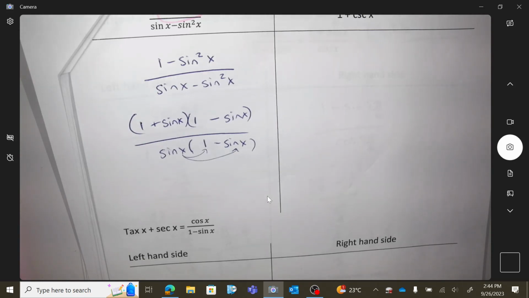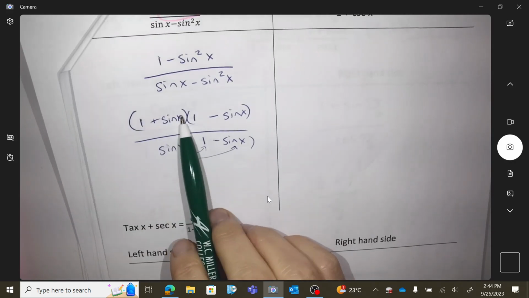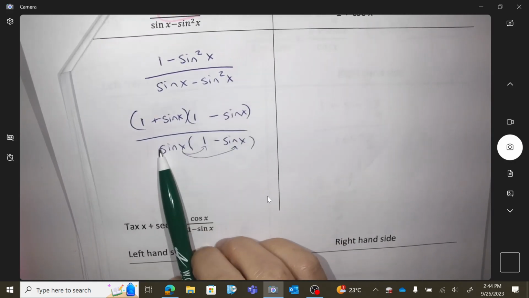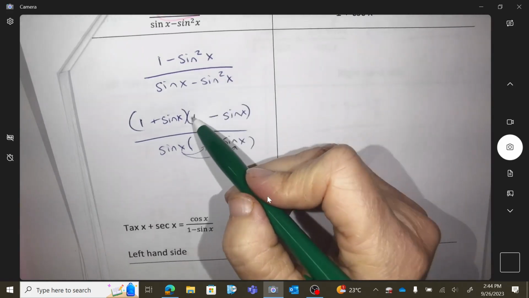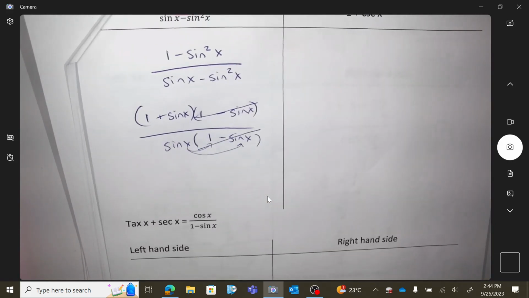Okay, now you can do what you really wanted to at the start, which was to cancel. It can happen now, because it's this times this times this. So this factor is now a multiplier.